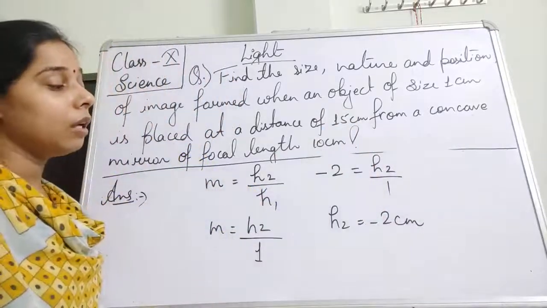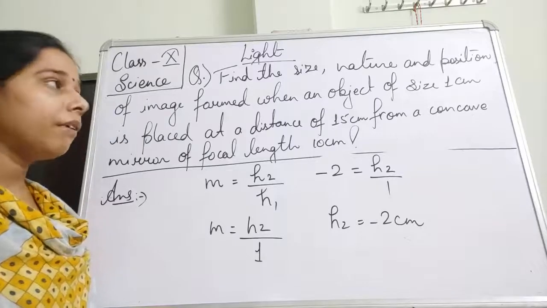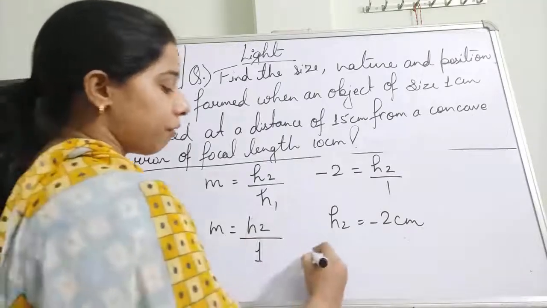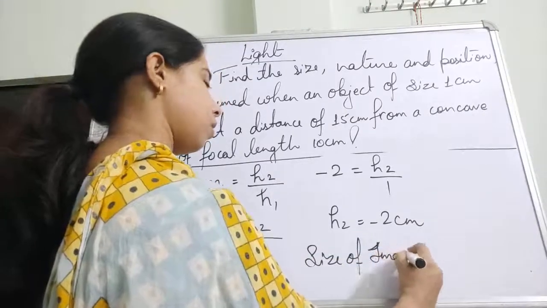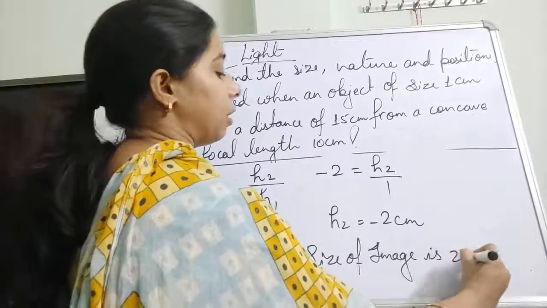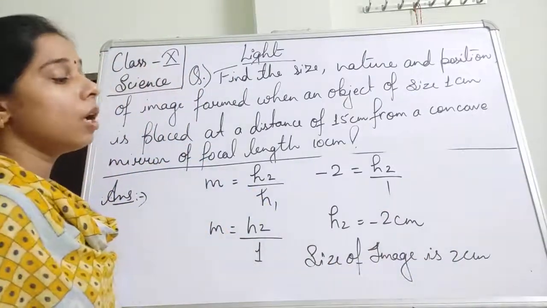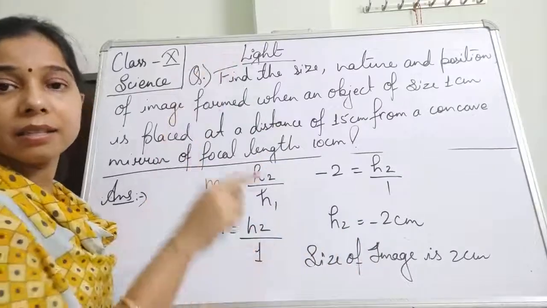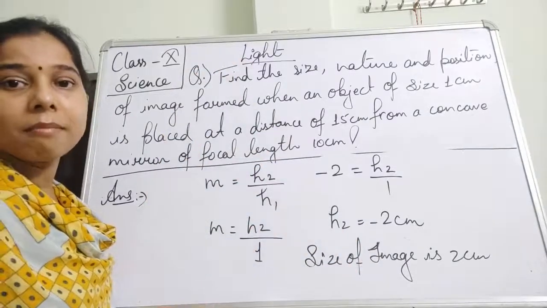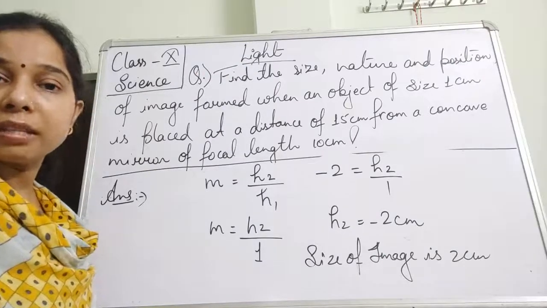So here the height of the image is minus 2 centimeter, or we will say that the size of the image is 2 centimeter. Why am I writing only 2 centimeter, students? It is because we will not consider the minus. Minus is actually telling that the height is in the downward direction, and that is why there is a minus 2 centimeter. So we will say that the size of the image is 2 centimeter.